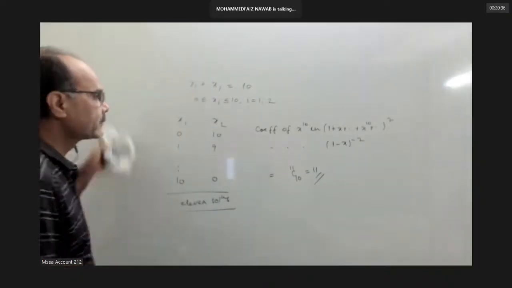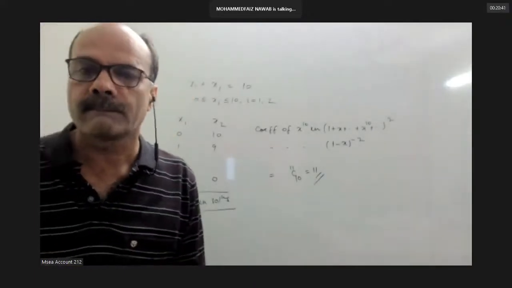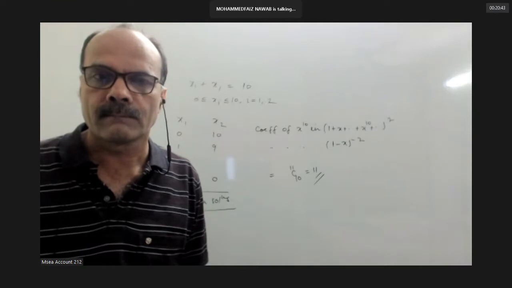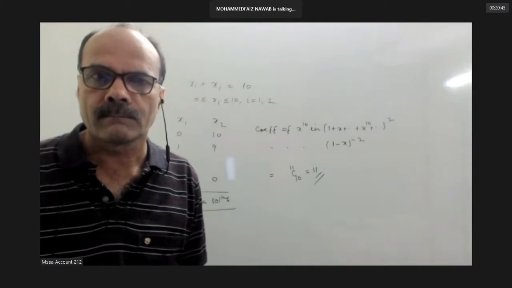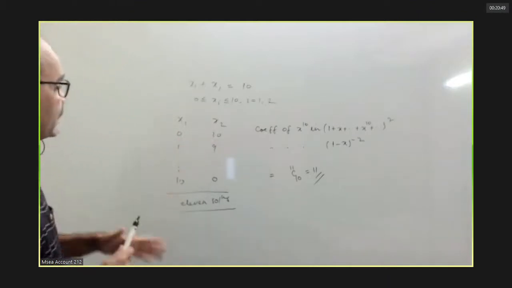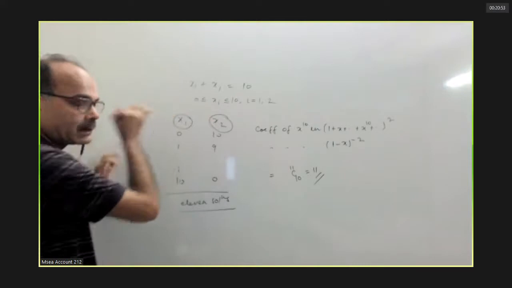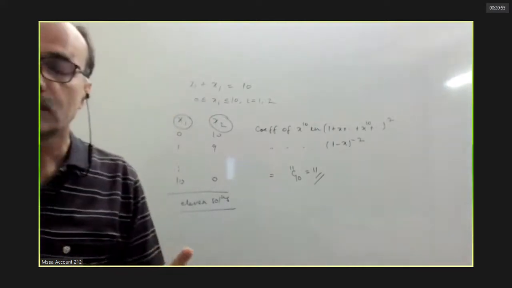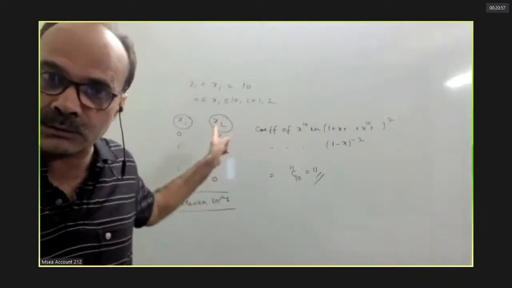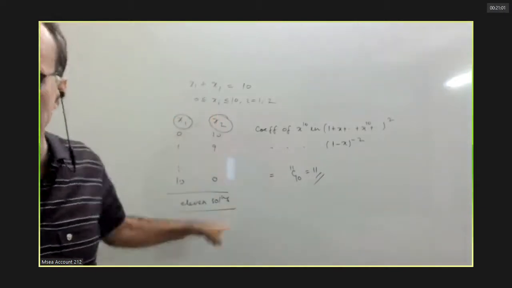Now next. Sir, one doubt, sir. Are 0, 10 and 10, 0 different solutions of x1, x2? See, here x1 is one variable, x2 is the other variable. These are two different variables. Here x1 is 0, x2 is 10. Here x1 is 10, x2 is 0.